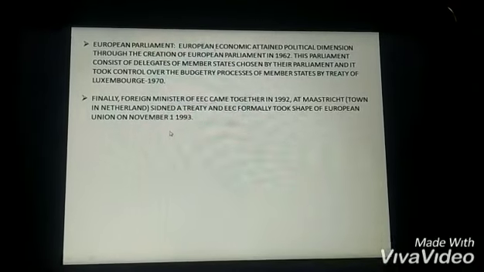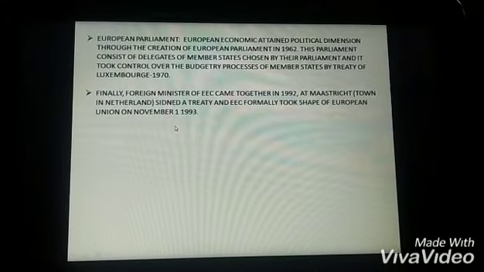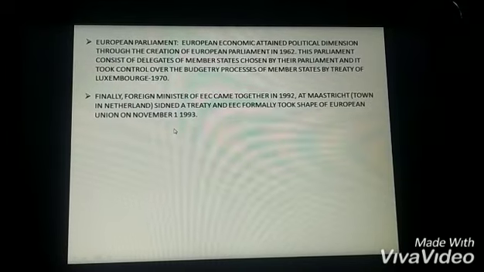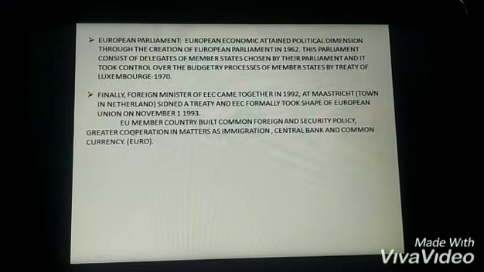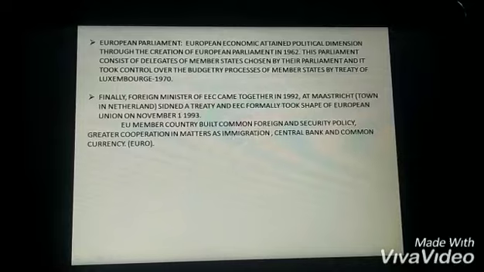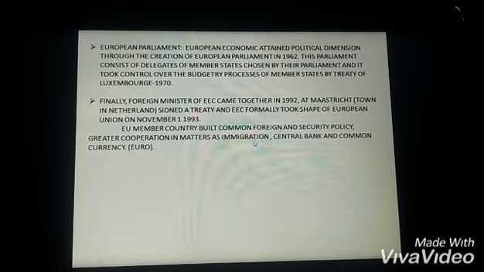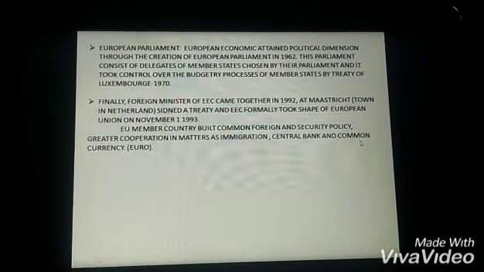Now let's see how it's functioning, or what its role is in this present time as an alternative center of economic and political power. Okay, these EU member countries built a common foreign and security policy, and greater cooperation in matters of immigration. A central bank and a common currency were created, and that common currency is known by the name euro.